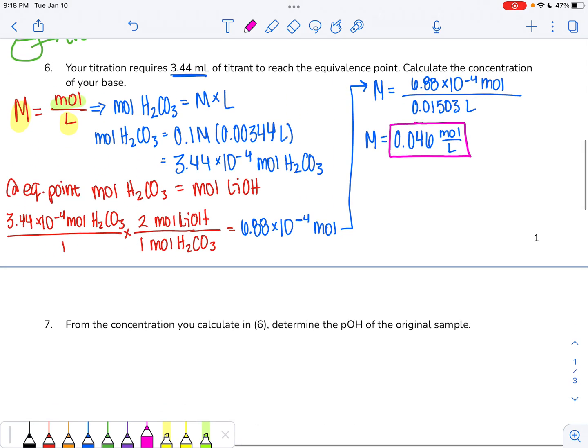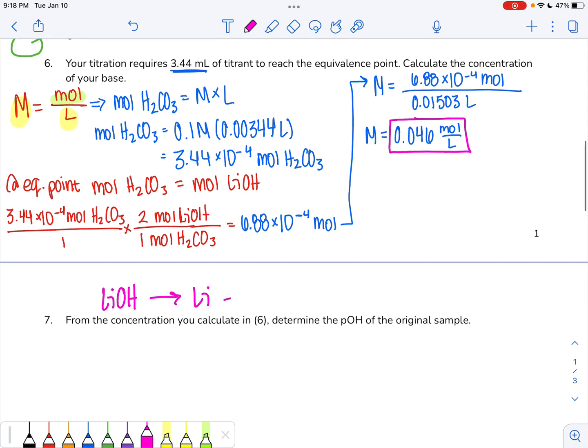So if we look back down at number 7, now this is saying if we know concentration, we can learn stuff about the pOH and the pH of our original sample. So we're going to start out with pOH. We know here that lithium hydroxide is our analyte. Lithium hydroxide is a strong base, which means it completely dissociates in water to form Li plus and OH minus.